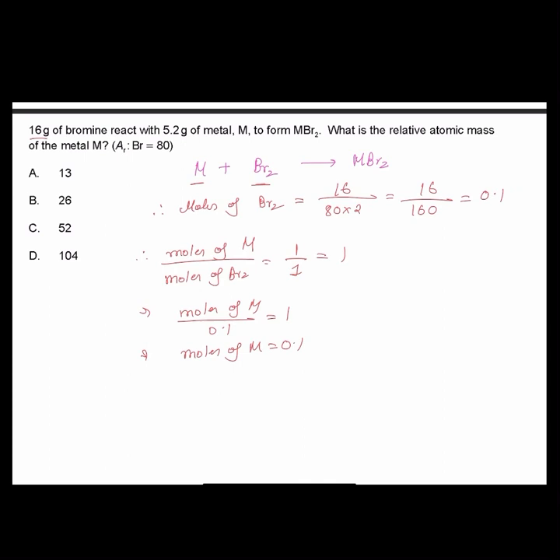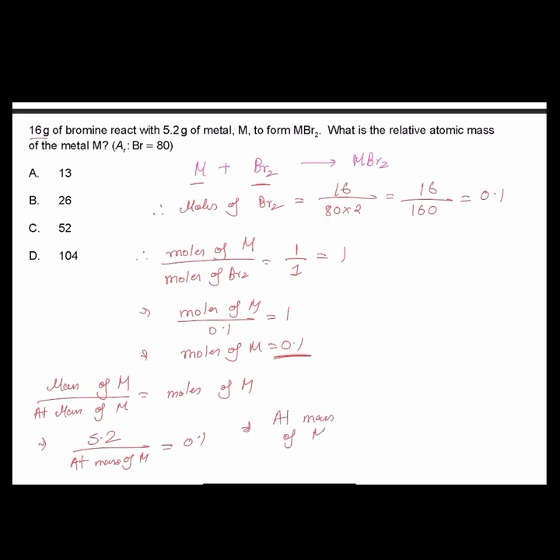Now we know that mass of M divided by atomic mass of M will give me the moles of M. Mass of M is given as 5.2. Atomic mass of M we need to find, and moles of M we found here, that is 0.1. Therefore atomic mass of M will be equal to 5.2 by 0.1, simplified will be 52. So from this we can say option C is the correct answer to this question.